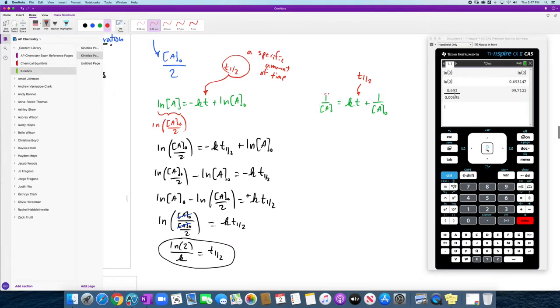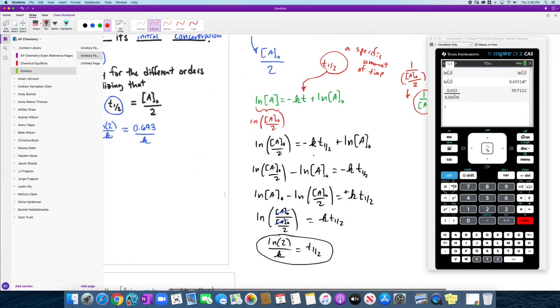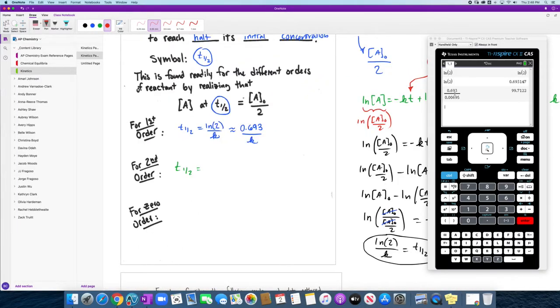So on this side of the equation, we substitute in 1 over initial concentration divided by 2. Substitute that in, and then we can rearrange for half-life like we did here. When you do that, if you want to try it, you could confirm it, we get a different expression for half-life. It comes out to be 1 divided by k times the initial concentration.